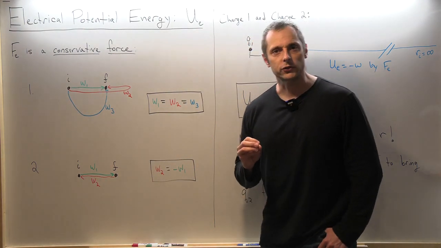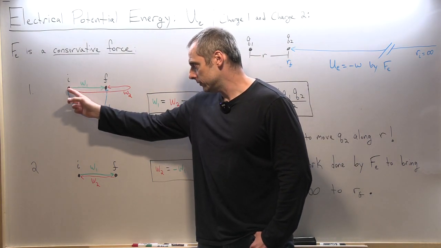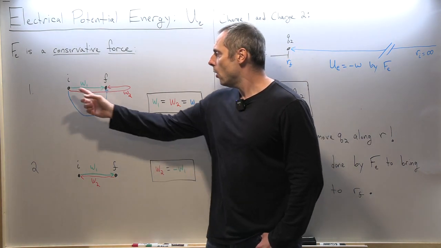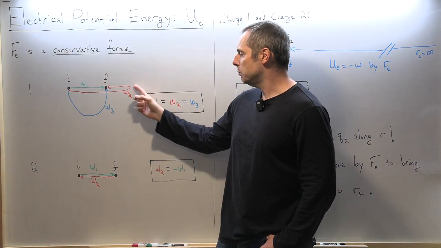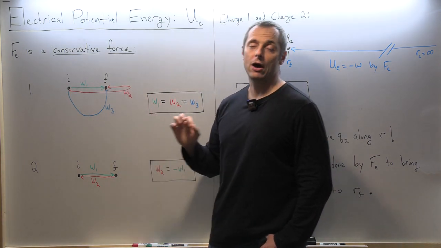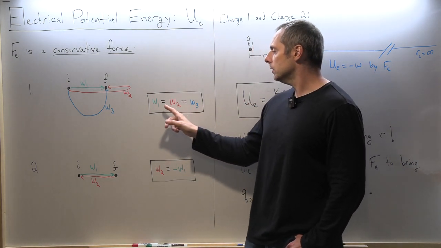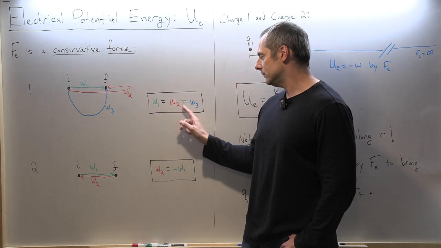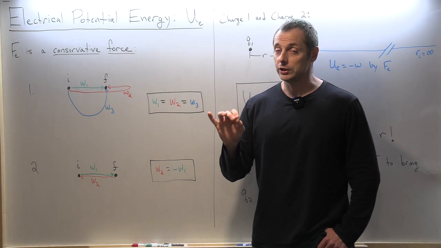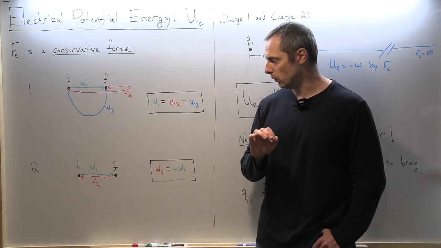One definition of a conservative force is that if you move the object along different paths, like directly along a straight line, or past the point and return, or along some kind of curved path, but in all instances you begin and end at the same points, the work done by that force is the same. In other words, it only depends on where you start your journey and where you end your journey. That's one definition of a conservative force.